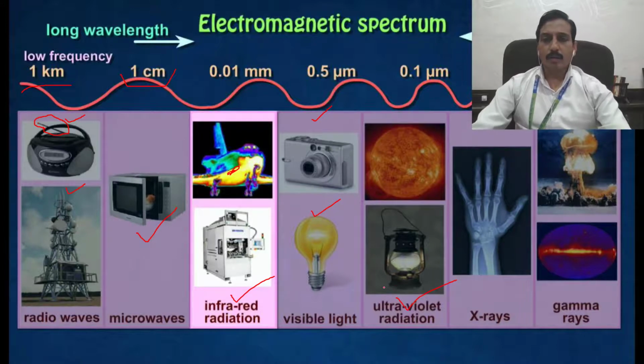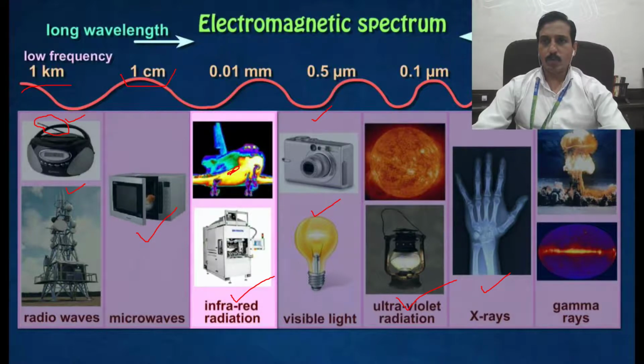Or the radiation coming from planets, the radiation coming from far stars comes under this 0.1 micrometer radiation. This is the application of X-rays, where these rays can be utilized to detect some diseases related to the bones or kidney stone.